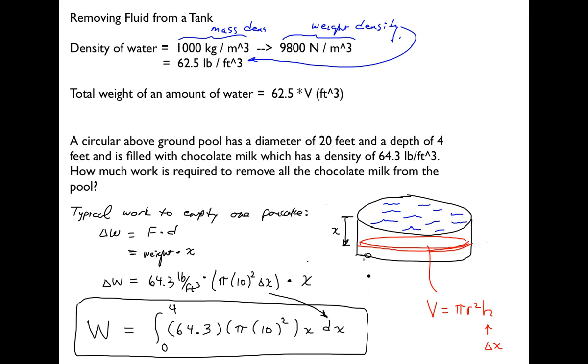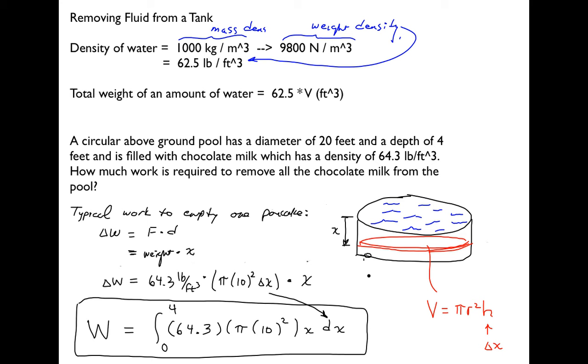You need a force to move it up. But if it just drains down, that's 0 work. There's no work to drain it out of the hole in the bottom. To get it out of the pool, we got to get it up out of the top. That means we have to lift each layer with force up. Is it better? Yeah. Okay.